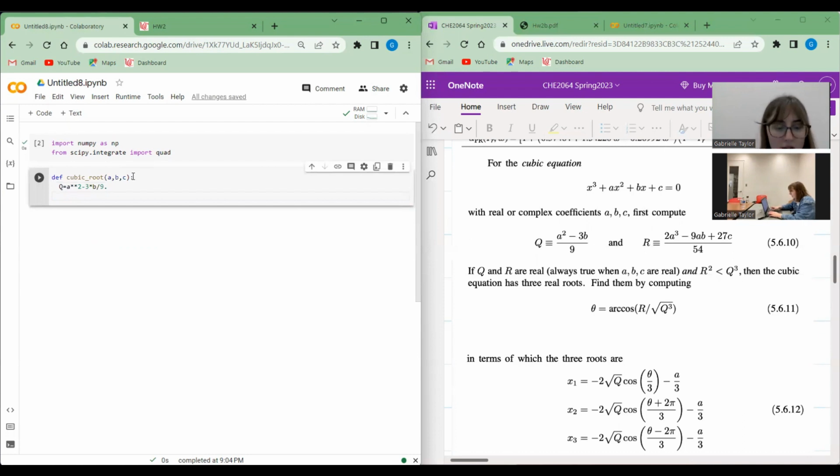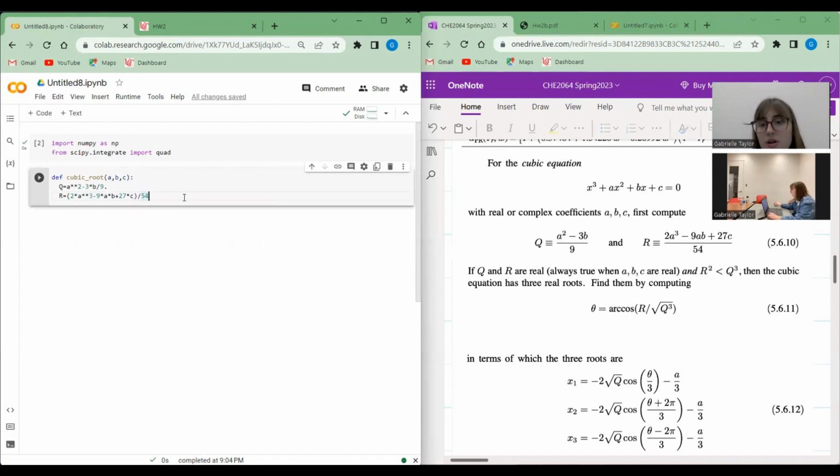Okay, so now R is going to be 2 times A cubed, minus 9 times A times B, plus 27 times C. This is all going to be divided by, let me put my parentheses around it. Okay, so after we calculate Q and R, let's read what it says.